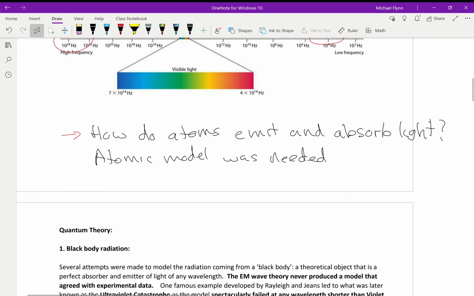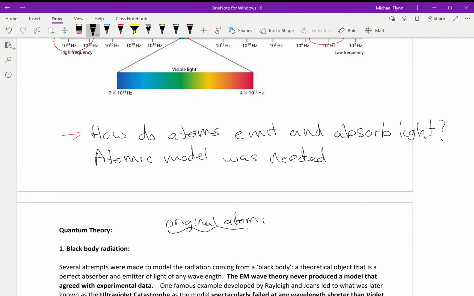It was thought originally that the electrons were what emitted light. They had already theorized that, since the protons were stuck in the nucleus, from Rutherford and Bohr, the alpha particle experiment, and they knew that the electrons were the ones that were able to move.